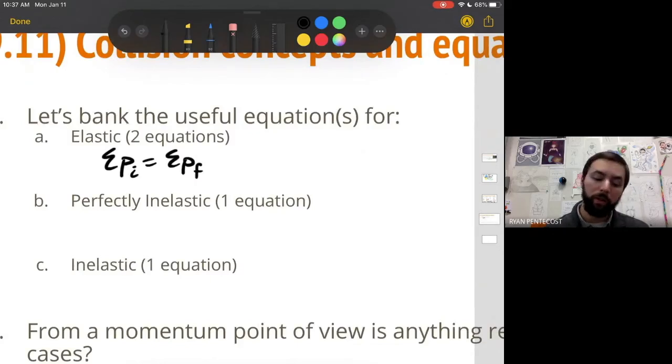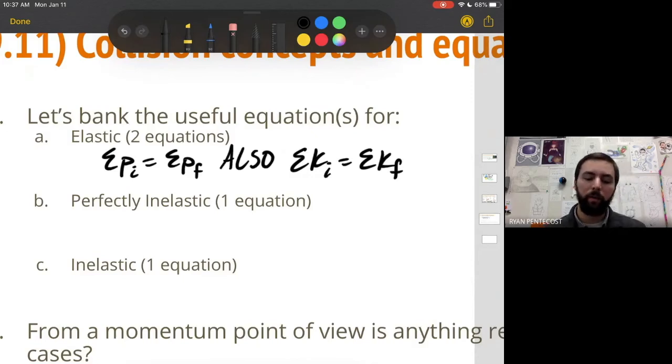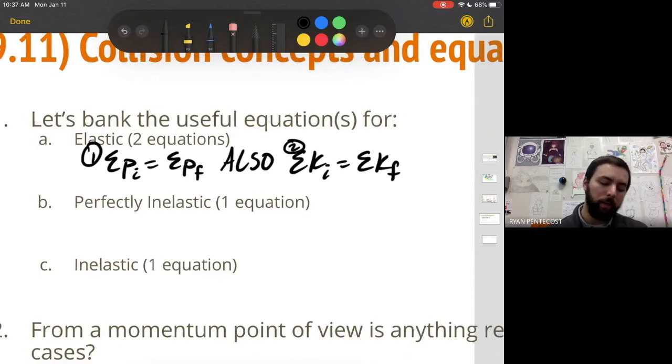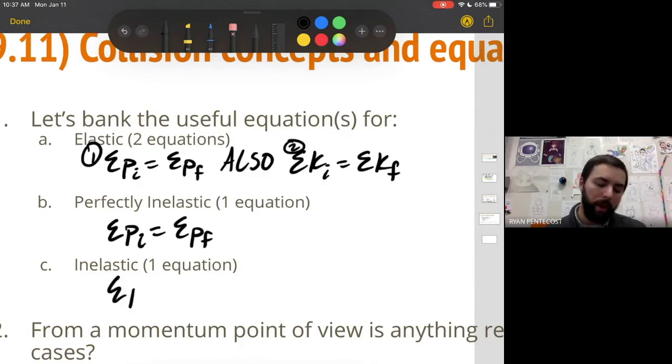But what we also have is the summation of kinetic energy initial will equal the summation of kinetic energy in the final state also. So you've got two equations for elastic. But for perfectly inelastic and inelastic, you only have conservation of momentum to deal with. They don't have the conservation of kinetic energy.